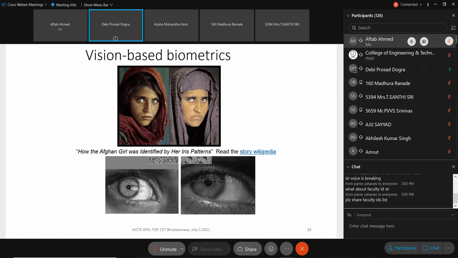In this particular example I am showing, this Afghan girl was identified by her iris patterns, and it became a story. Her iris pattern was matched to the database, and finally her mother was found. That is what it can provide.